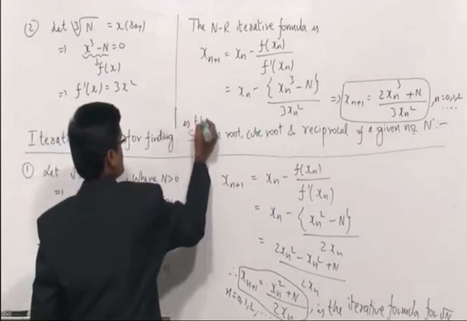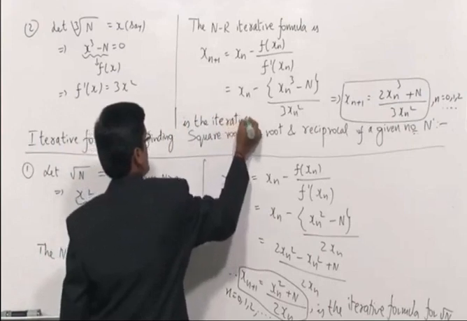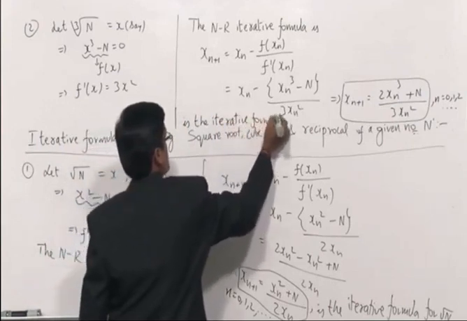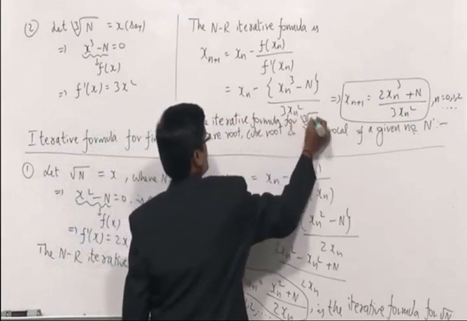This is the iterative formula for the cube root of a given number.